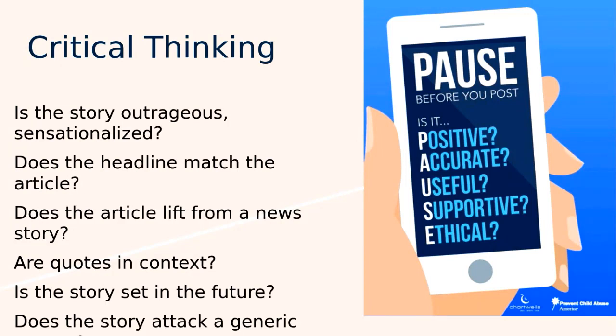And then stories that attack a generic enemy. Anytime the article is talking generically or broadly without giving specific names or details, that's an indication to stop and think: is this information false or not?